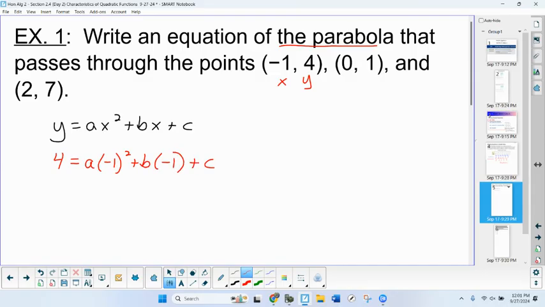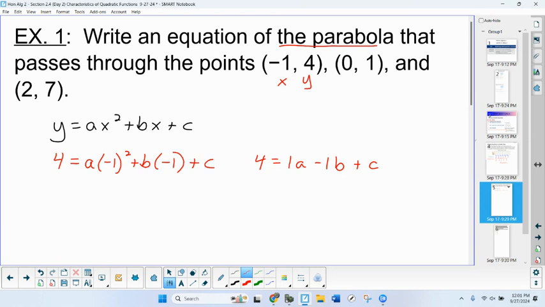Does everybody see how I plug those values in? Now, let's clean this up a little bit. What's negative 1 times negative 1? 1. So I get 4 equals 1a, and then what b? Minus 1b, and then plus how many c's? Just 1c. So there's my first equation. Are you guys cool with my first equation?